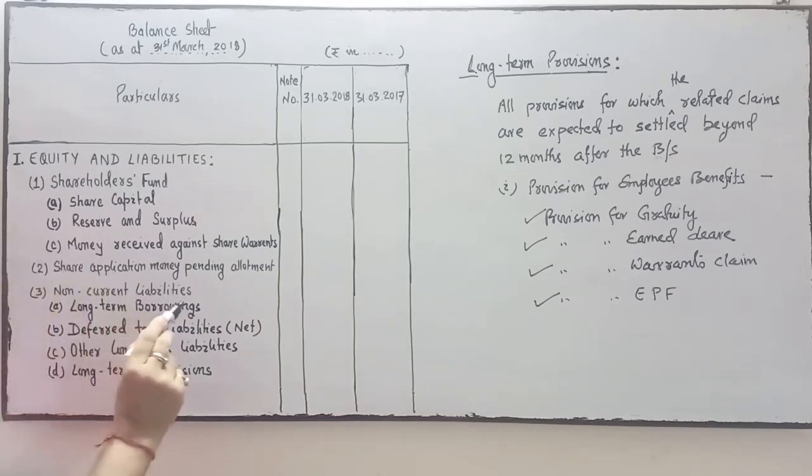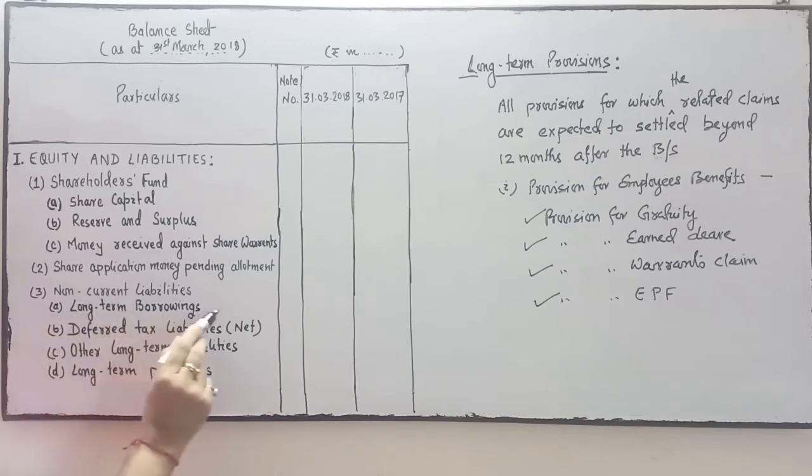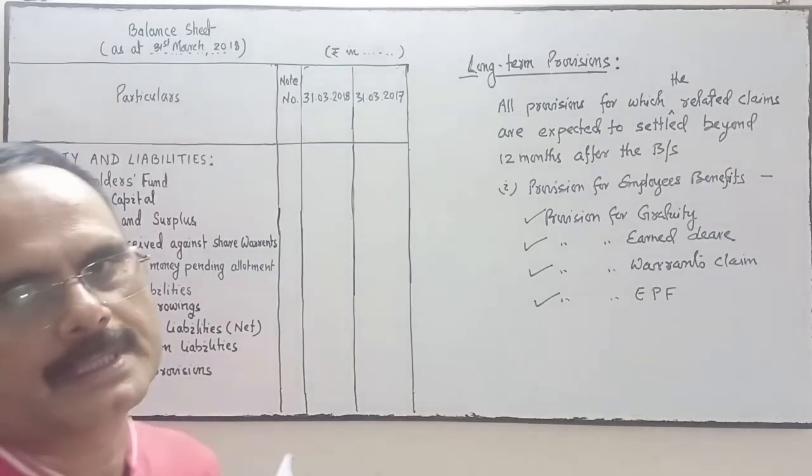So under non-current liability, we have long-term borrowings, deferred tax liabilities, other long-term liabilities and long-term provisions. Okay.